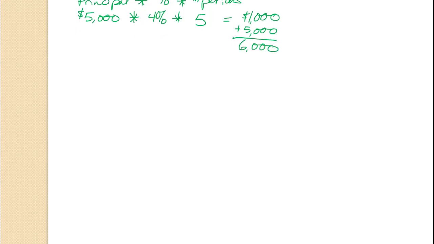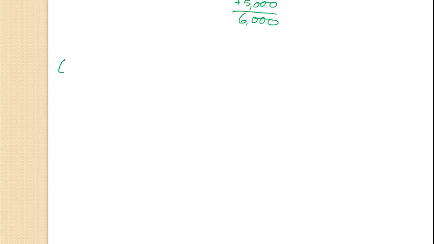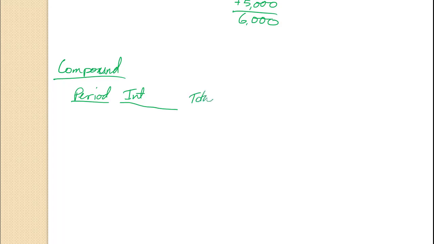Now let's take a look at compounding. Compounding, again, means that I pay interest not only on that principal amount, but on all of the interest that accrues as well. So in order to do this, we're going to build a table. So we're going to put one column of the different periods. We'll calculate our interest, and then we'll get our total value over here.